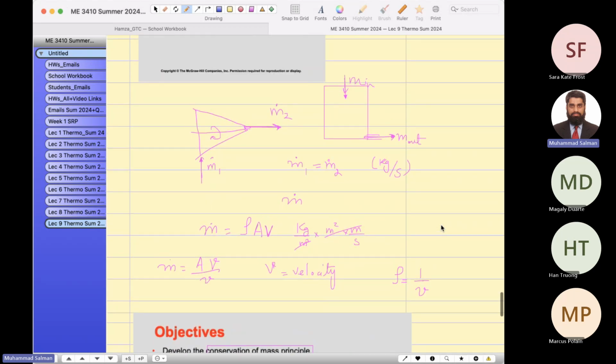And over here, this is a steady flow. Just a big picture of what we are going to solve in this chapter. The mass inside the device. This is our device, a rotary compressor like a jet engine. You might have seen the small jet engine. The air comes here, the same shaft compressor.